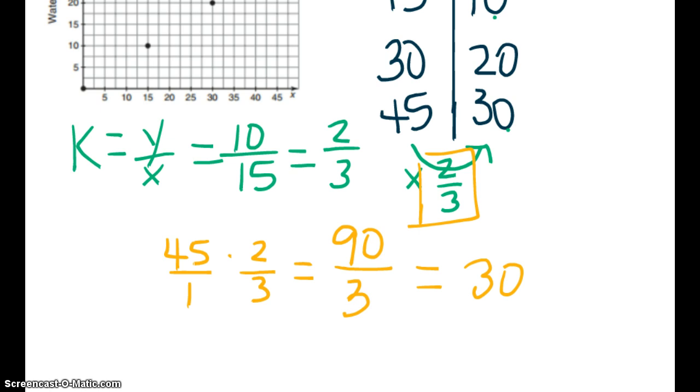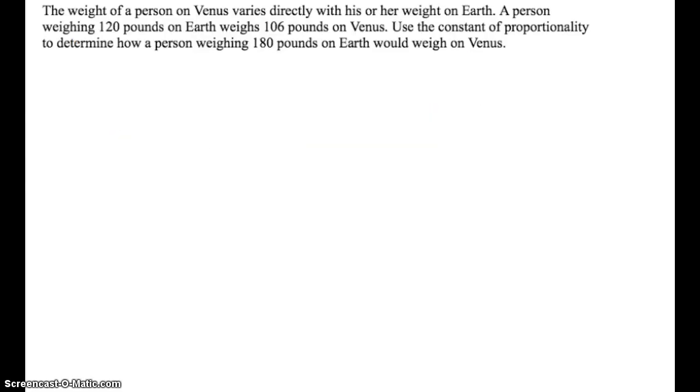So pause and rewind as much as you need to make sure you understand how to write out your table, and then how to test to make sure that you understand that your constant is 2/3. Alright, and then our last situation: the weight of a person on Venus varies directly with his or her weight on Earth.